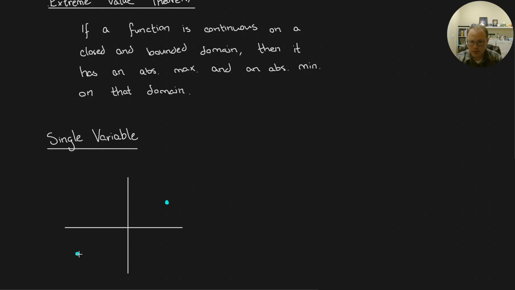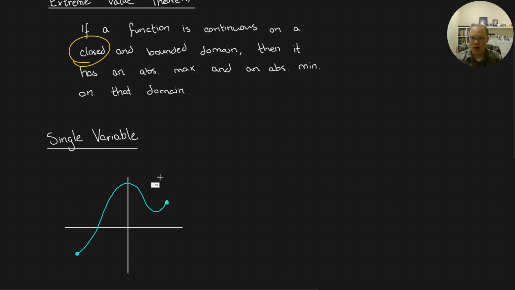Okay? If we have some continuous function in between them, then for sure we have an absolute maximum and an absolute minimum somewhere on that closed and bounded domain. Okay? Notice a few things.